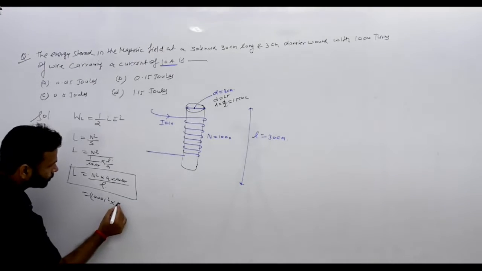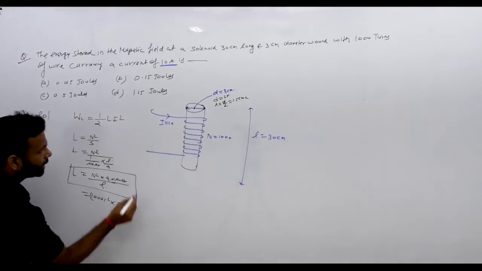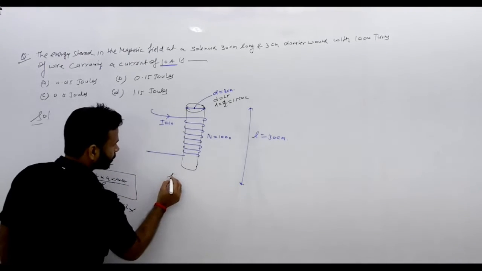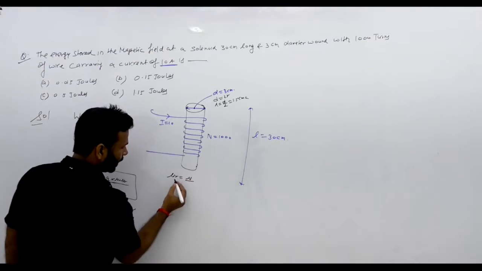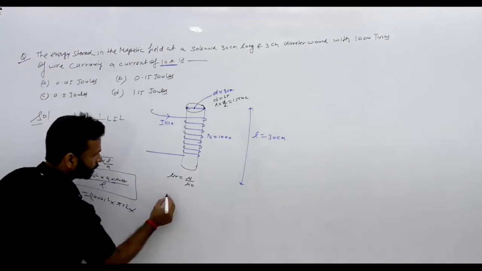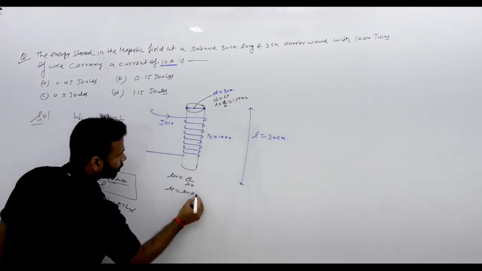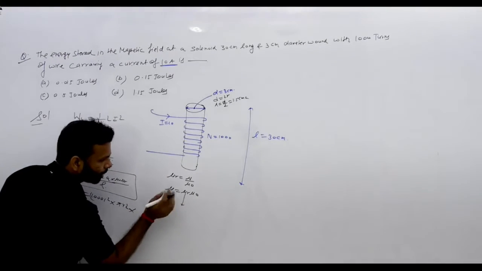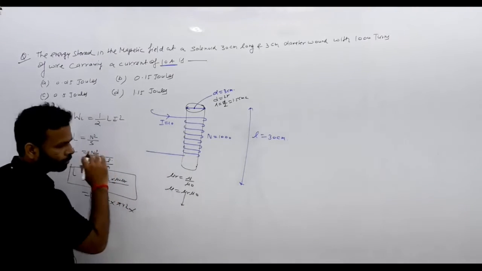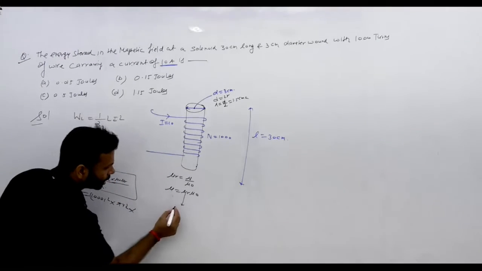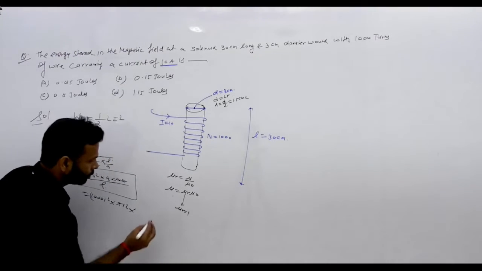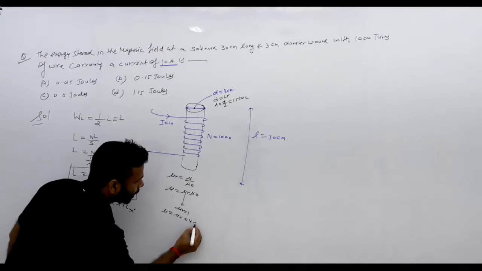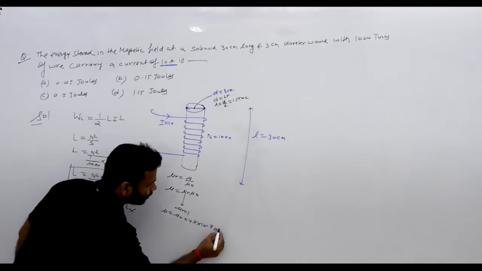Now it is in air because the material is not given. Let me discuss one more thing. The relative permeability is the ratio of the permeability of the material to that of free space, so mu equals mu r mu naught. If the material is not given, then the relative permeability is taken as 1. So mu equals mu naught, and for free space the permeability is 4 pi into 10 to the power minus 7 Henry per meter.